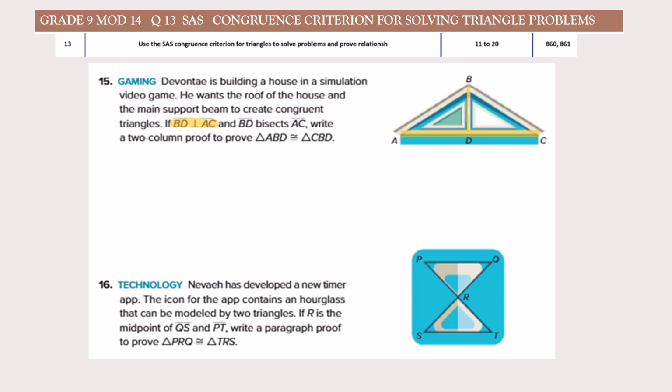So this will be 90 degrees, and this will also be 90 degrees. So it's very important to pay attention to what information is given to you. And then they also tell us that BD bisects AC. So now they're talking about line segment BD bisecting AC.